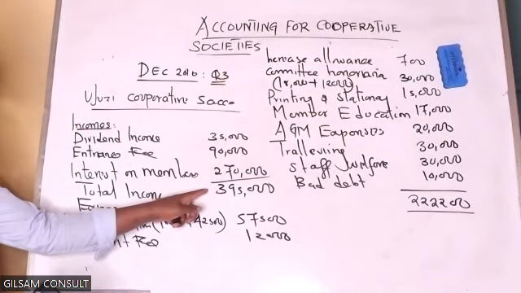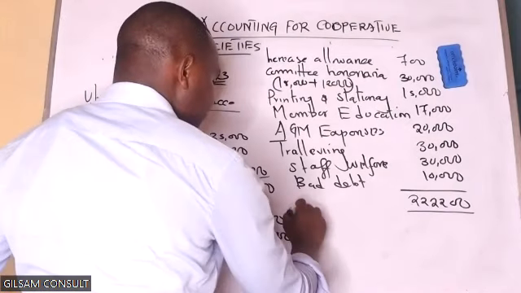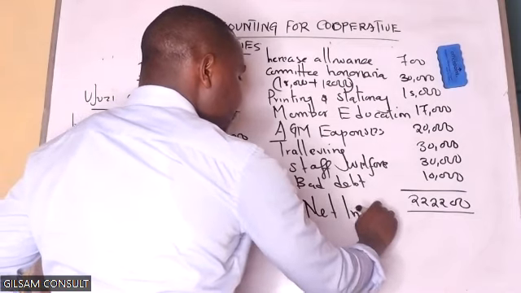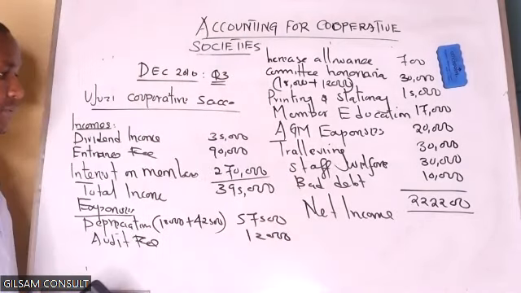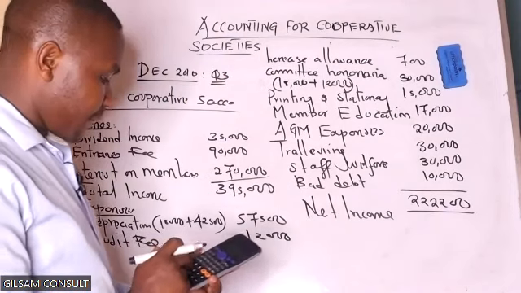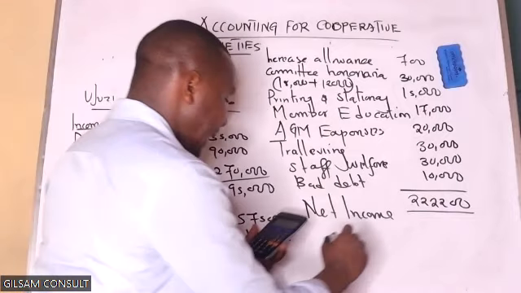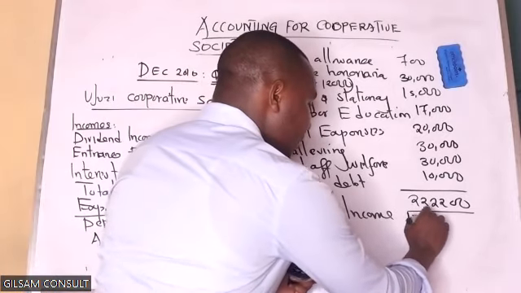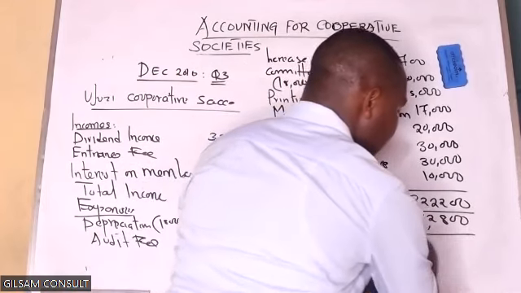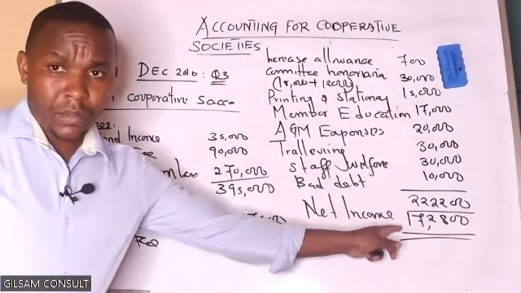So we deduct the expenses from the total income so that we can get the net income. So I take 395,000 minus the answer, having a net income of 172,800.